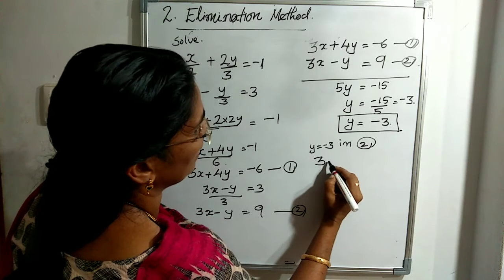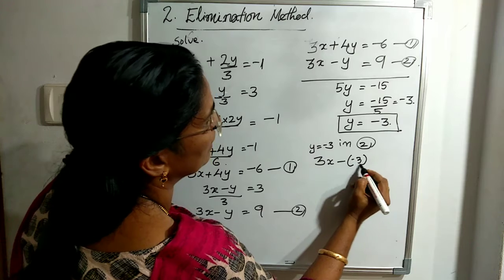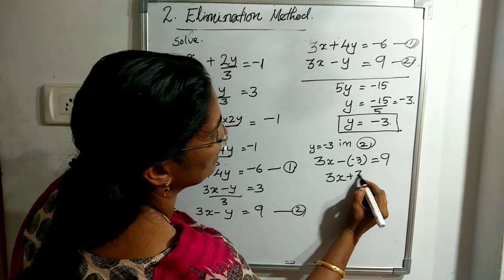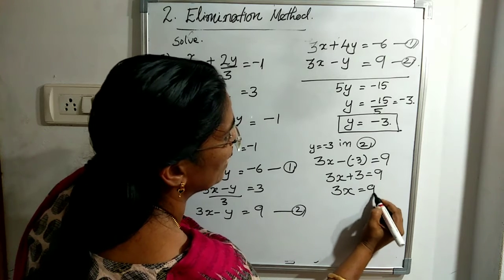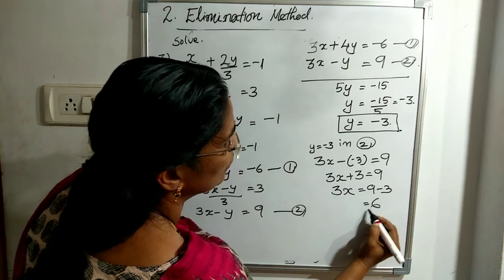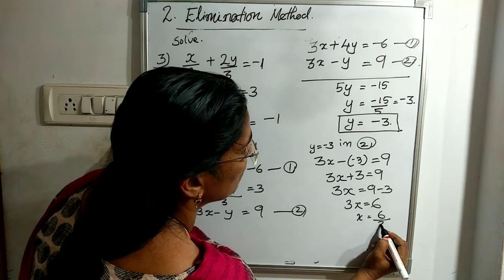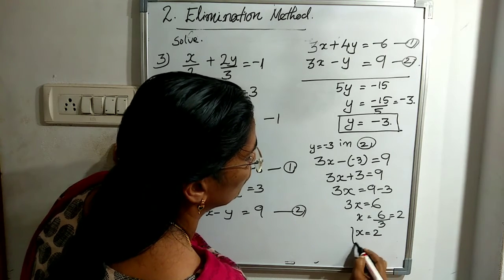So 3x minus y, it means minus of minus 3, is equal to 9, or 3x plus 3 is equal to 9. 3x is equal to 9 minus 3, that is 6, or x is equal to 6 by 3. The answer is 2. x equal to 2.